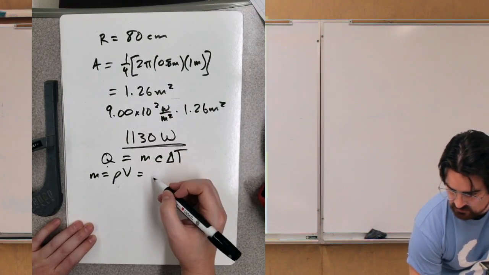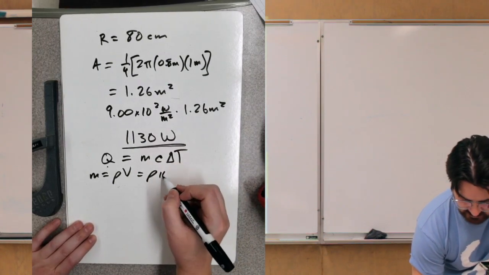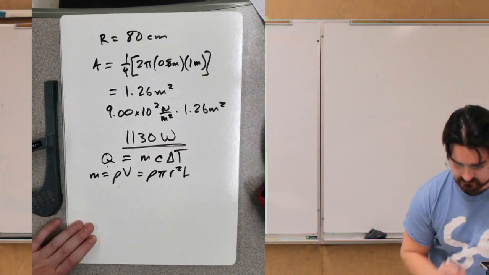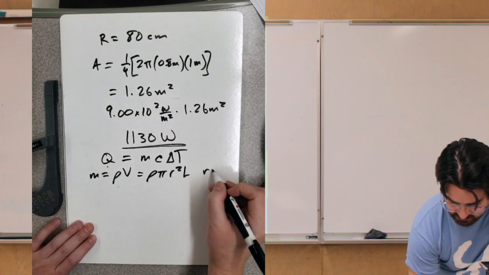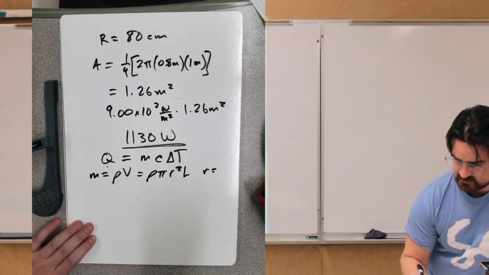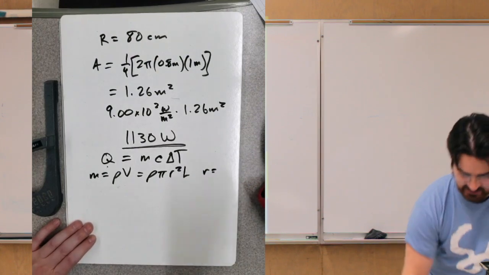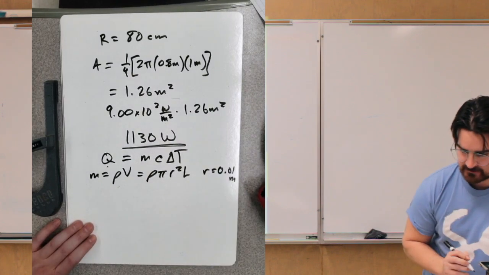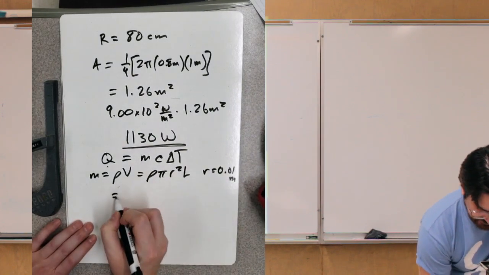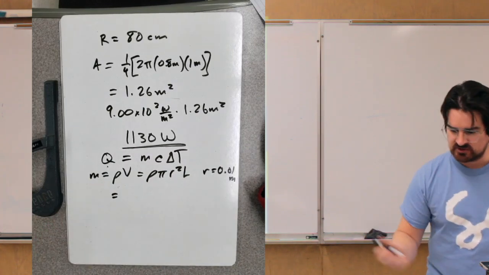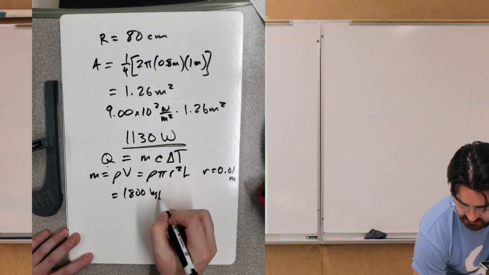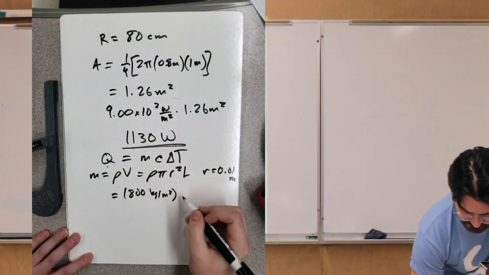So what does that look like? Well, write it out in a little bit more detail, where our radius is 1 centimeter, right? Half that diameter, 0.01 meters. And again, the density of mineral oil is something you gotta look up. Turns out it's 800 kilograms per cubic meter.